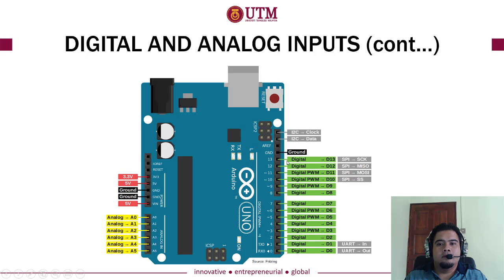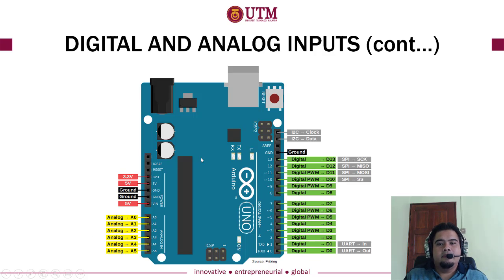Okay, just a reminder, meaning that this green can be used as digital input as well as digital output. But if you want to use analog output, then you must use the one with the label digital PWM. But let's say if you want to use analog input, then you must use the one labeled A0 to A5, which is labeled as yellow there.